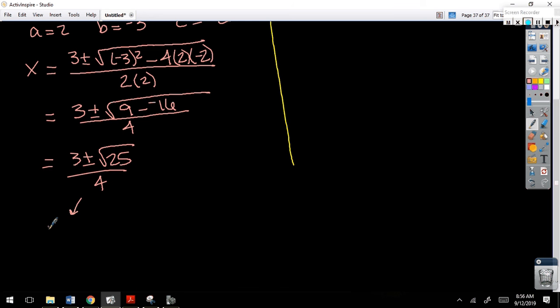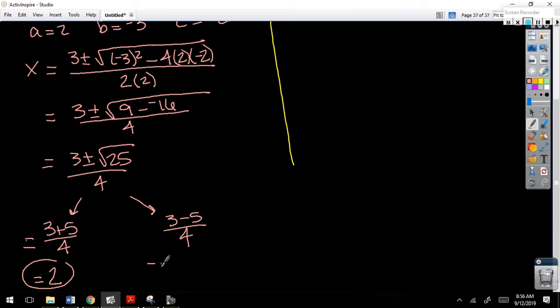So I get 3 plus 5 over 4 and 3 minus 5 over 4. 3 plus 5 divided by 4 is 2. 3 minus 5 divided by 4 is what? What's negative 2 divided by 4? Yep. Negative 1/2.